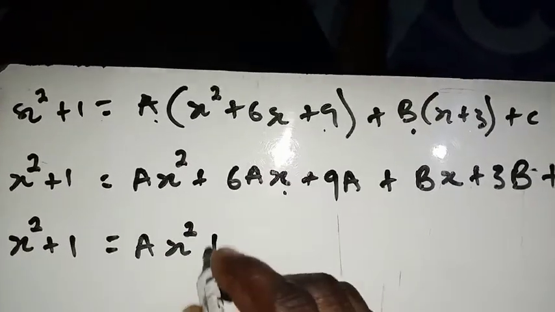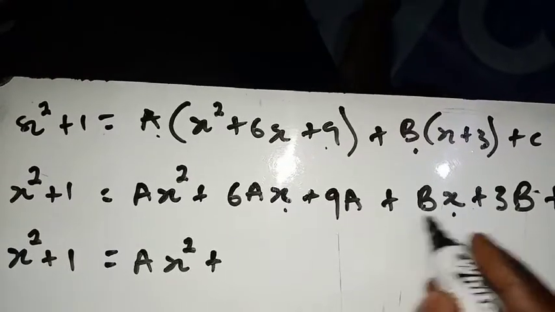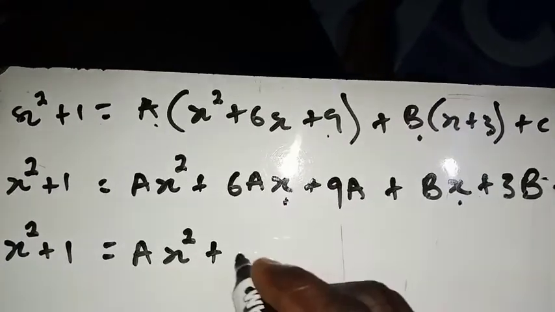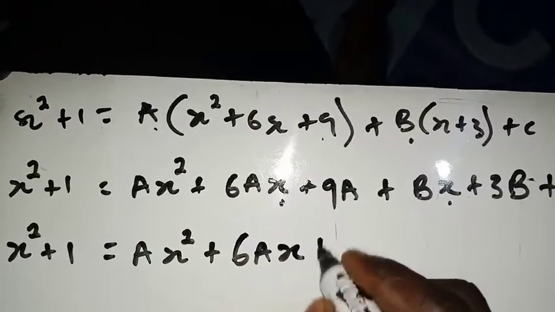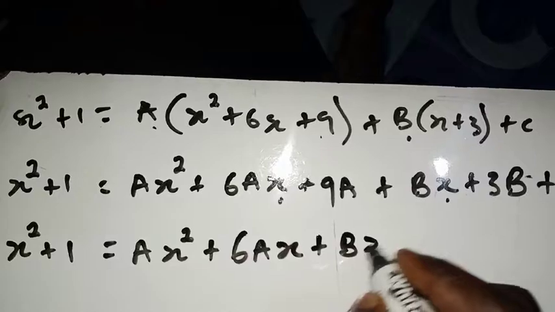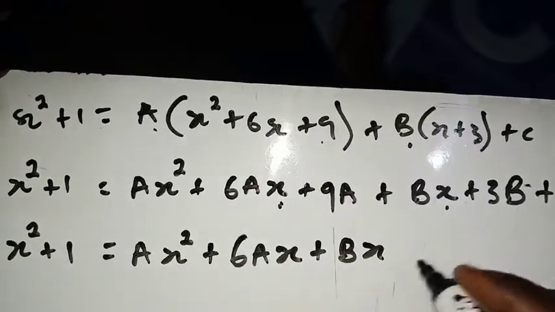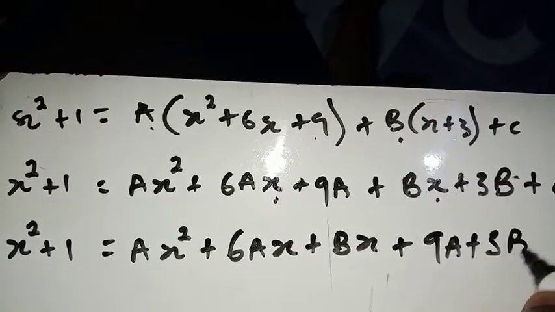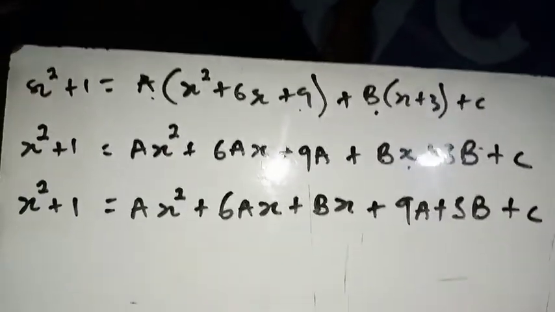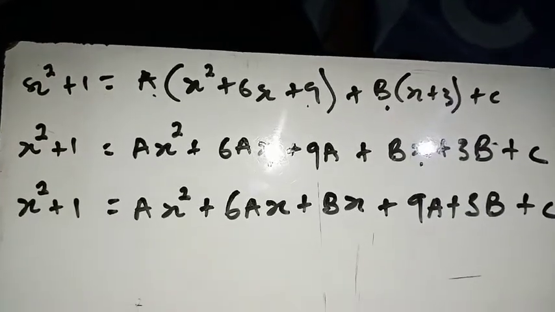So here too we are going to have, let's go for the x family, right? So this is the x here, this is another x here, so let's bring with the x family 6Ax and then plus Bx. So those without the x will also be in one family. So this guy here we have the 9A plus 3B, and then plus C. They are also coming from one family, right? So this is how simple you group that.